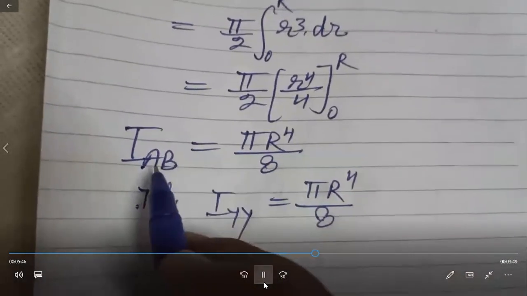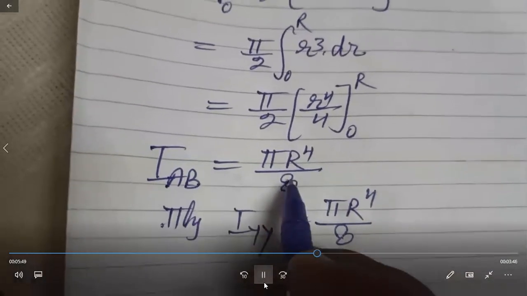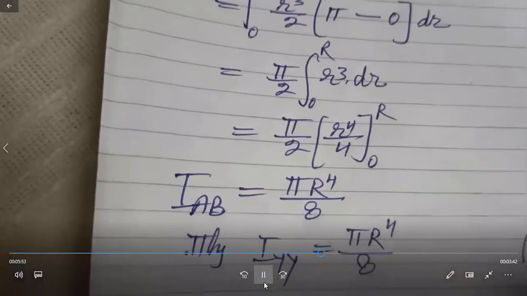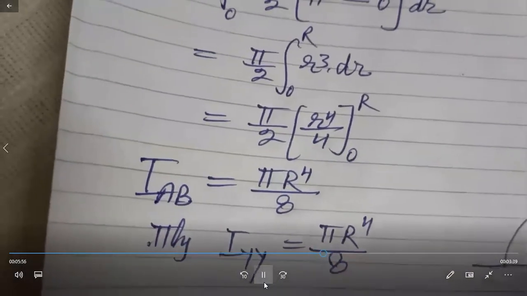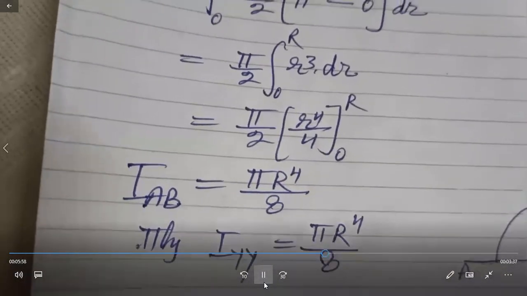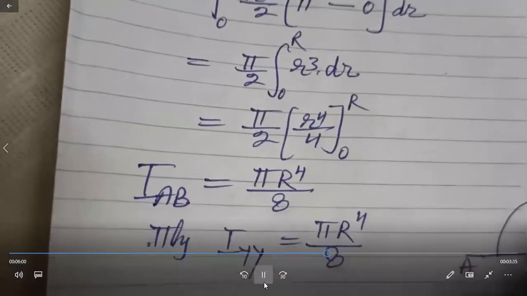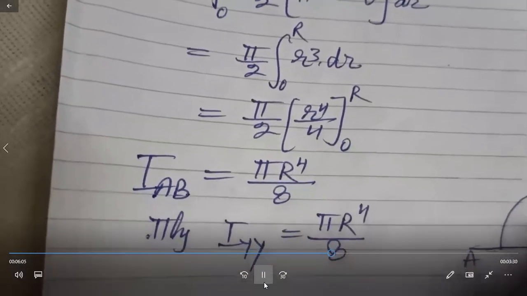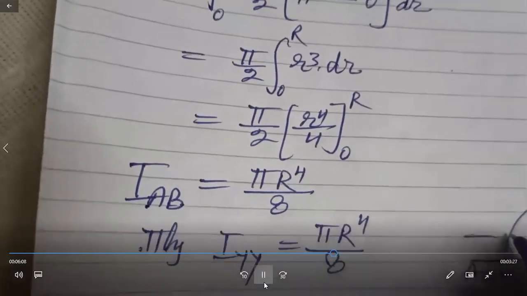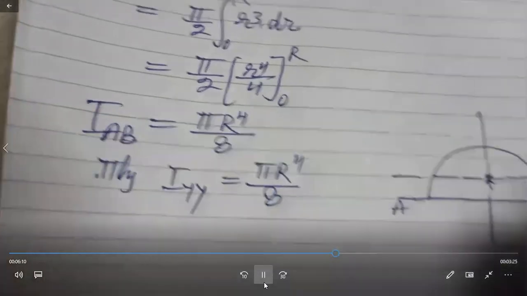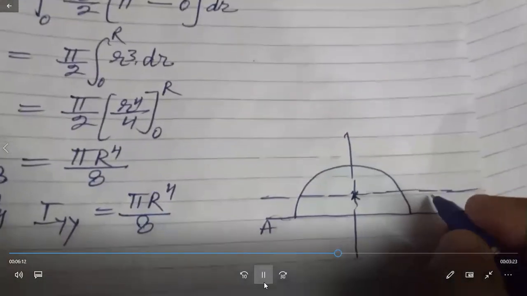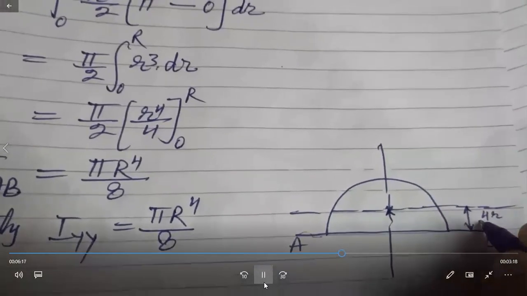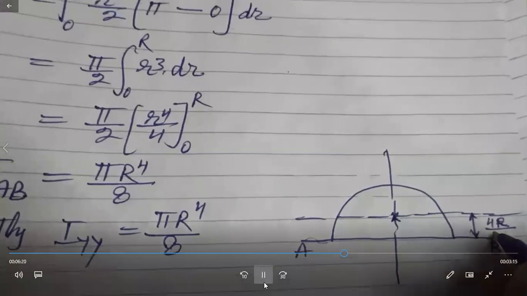Now it is about IAB, but we have to find about Ixx. So for this semicircle, this is line AB, and the centroid is lying from this line at a distance of 4r by 3 pi.